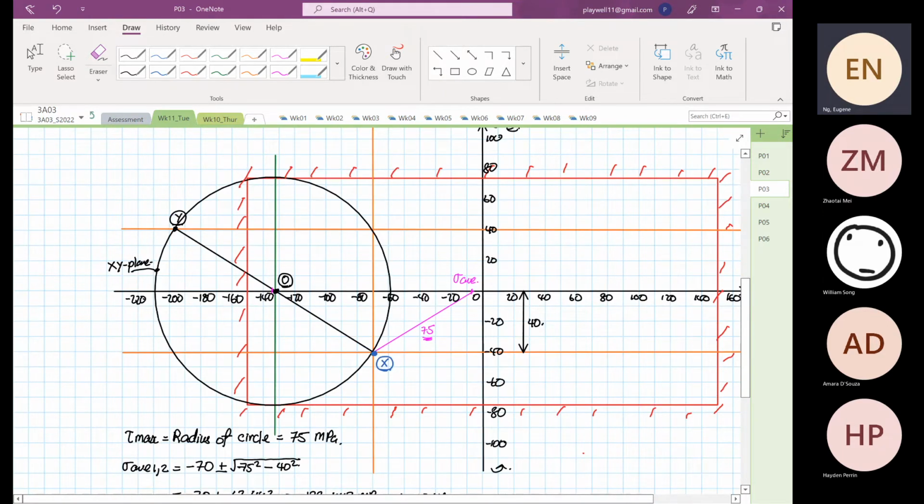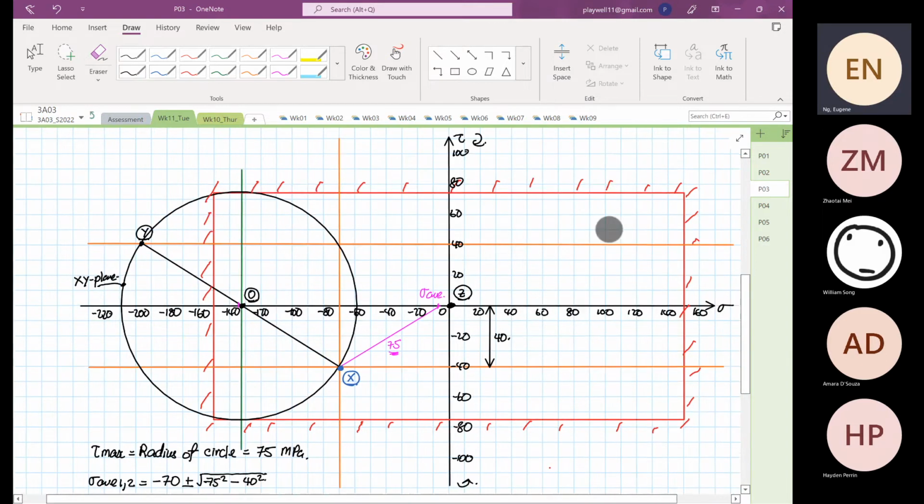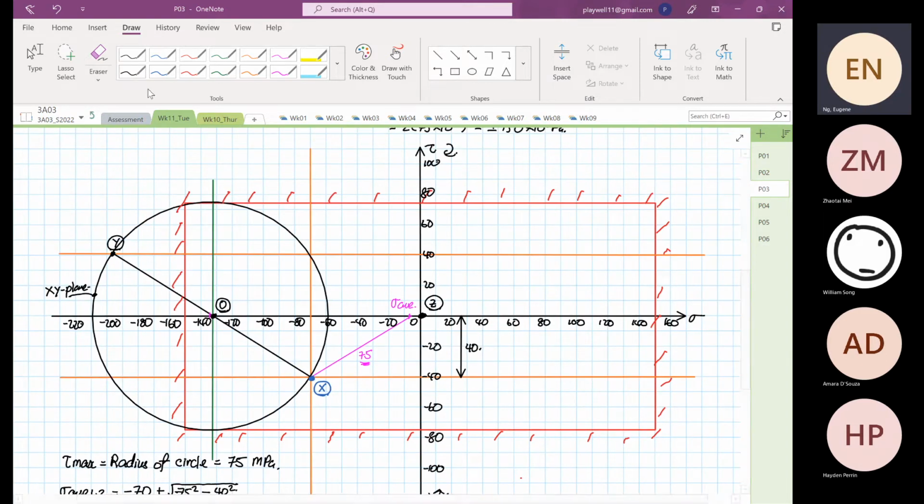Now, this is just a 2D Mohr circle. As I say, this is a 3D problem. It should be constructed in 3D. So where are the other two circles? Now we know that over here is our point Z. So I can construct two more circles here, right? One circle is over here.